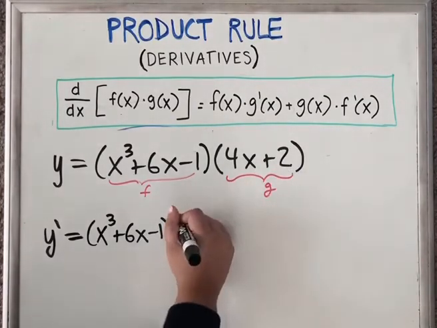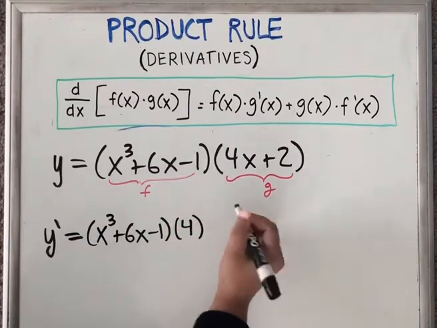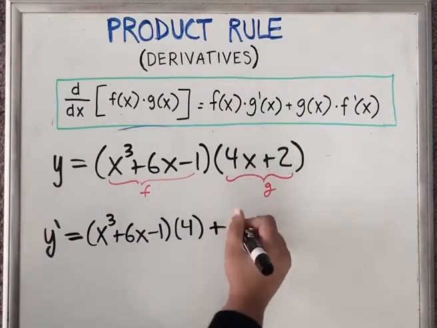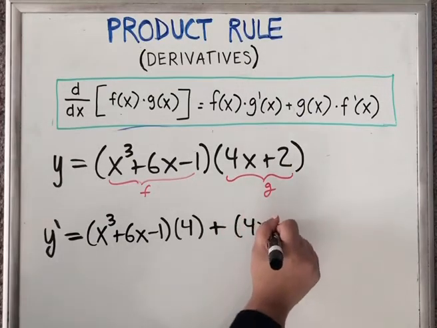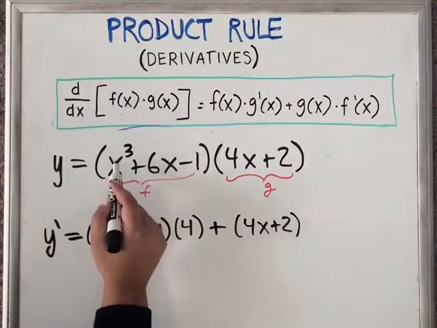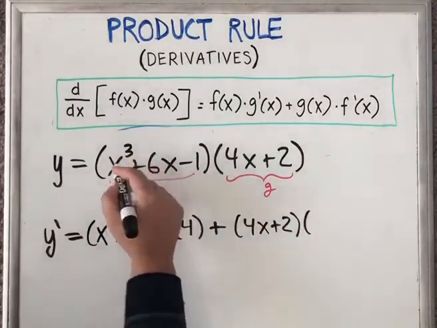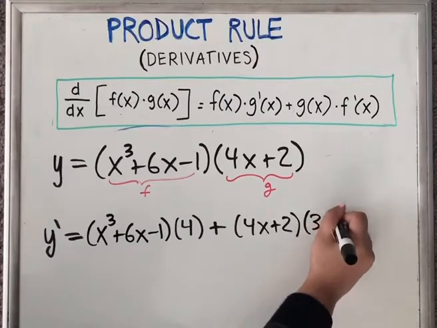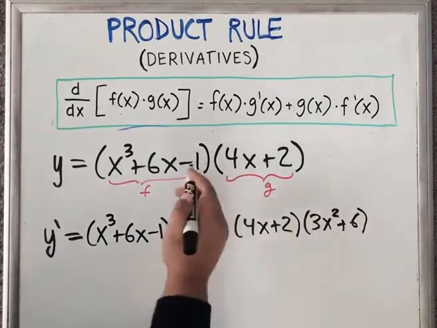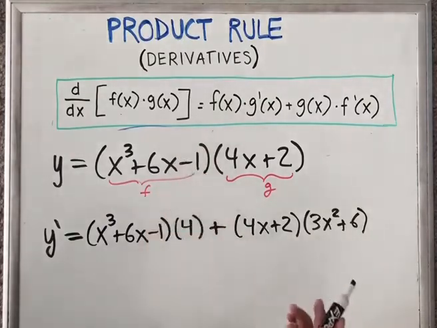So we get left with our 4, plus g, so 4x plus 2, times the derivative of f. Here again, applying that power rule, we get 3x squared plus 6. And again, the derivative of a constant is 0.